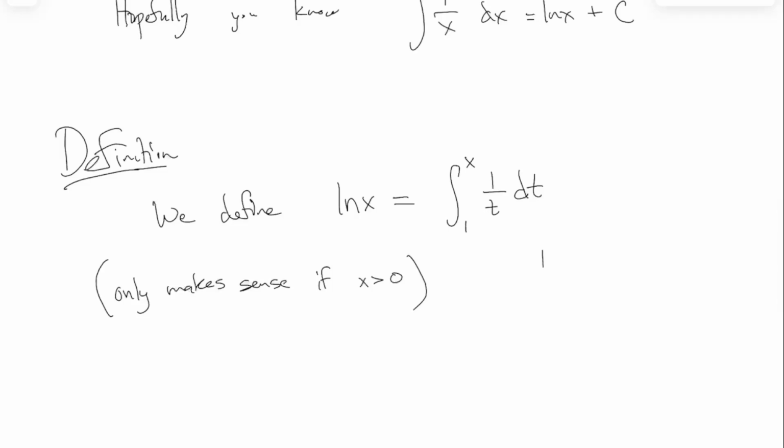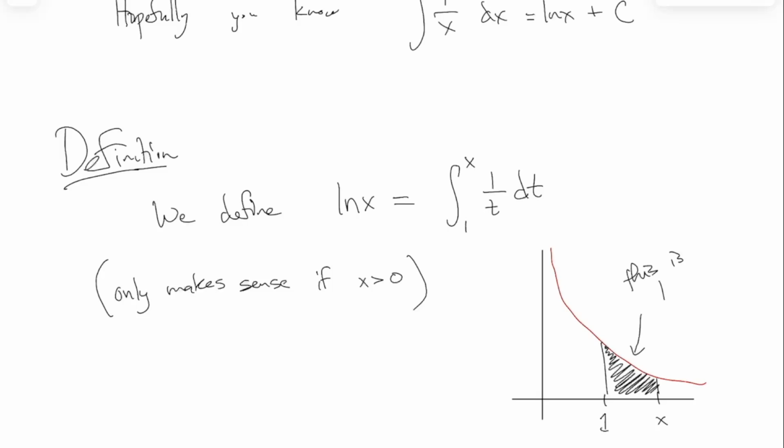What this means is the area under the curve of 1 over t, which of course looks like that, at least on this side of the xy plane. And we are taking the area starting at 1 and going up to x. So this area right here. This is the natural log of x. It's defined to be that area.